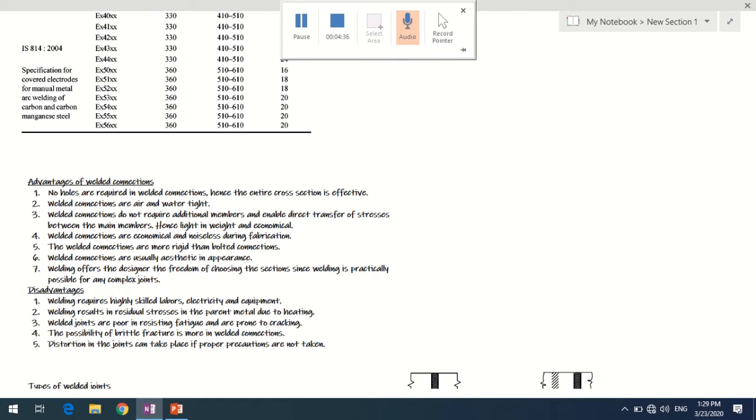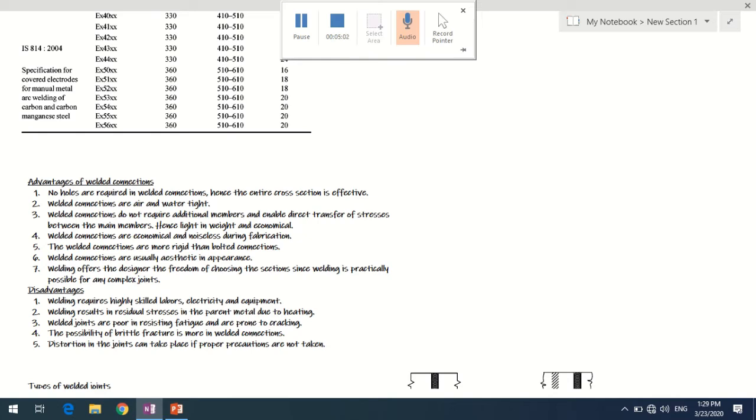And welding offers the designer a wide range of choosing the sections. Bolted connections pose a limitation here, because when you are doing a connection using bolts, very few simple sections can be used as main members, or else we will not be able to achieve the proper connection between the members.